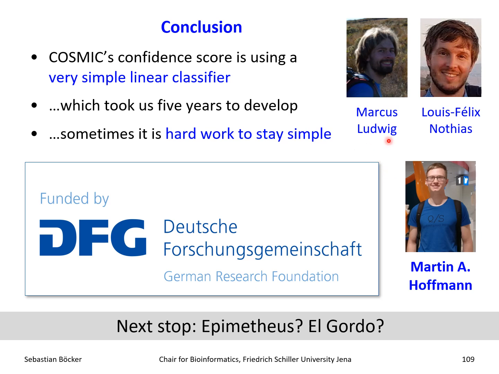Markus initially started off with a confidence score like 6 years ago, and then we had this depressing long break where we didn't know what to do anymore. And Louis came up with this wonderful example of bile acid conjugates that really demonstrated nicely the power of Cosmic and the confidence score.